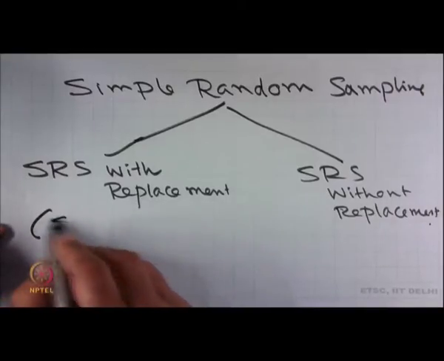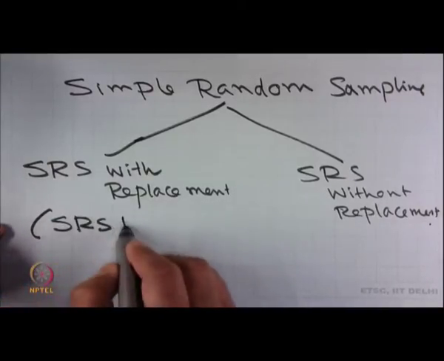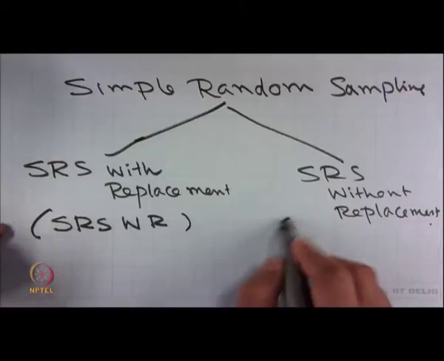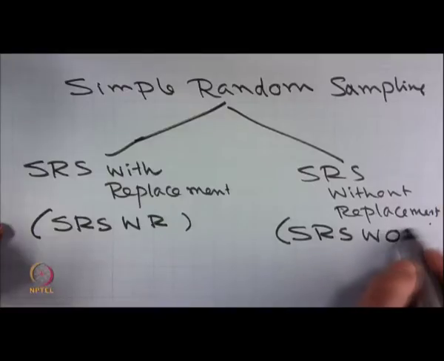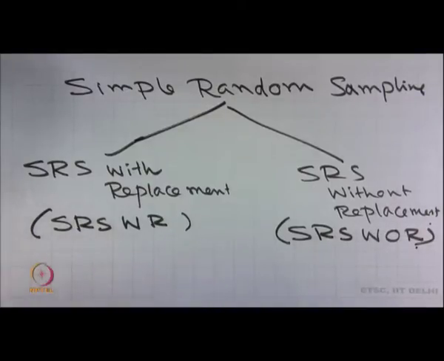In short, we call it SRS WR, and this is called SRS WOR. What is the difference?